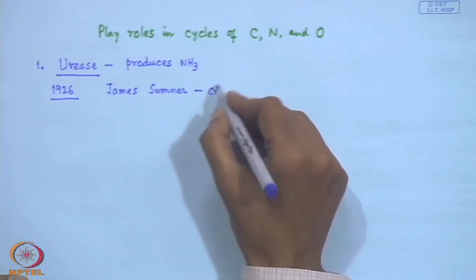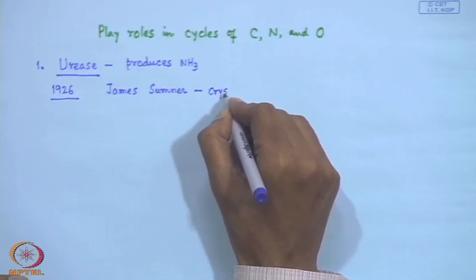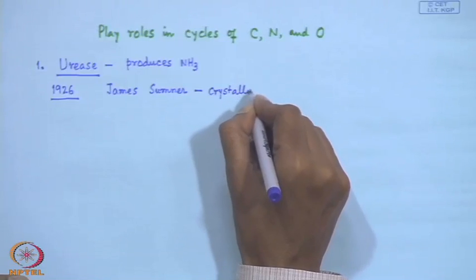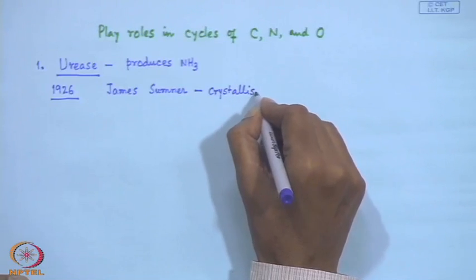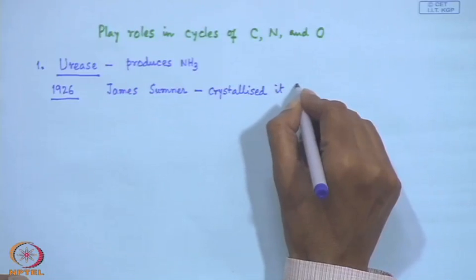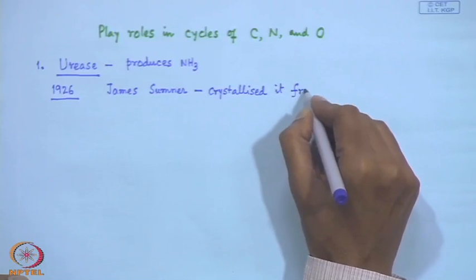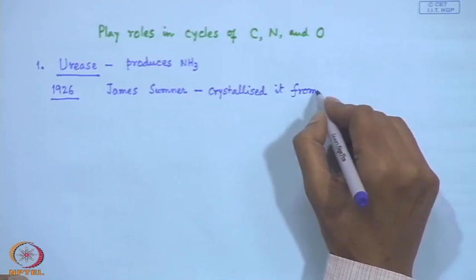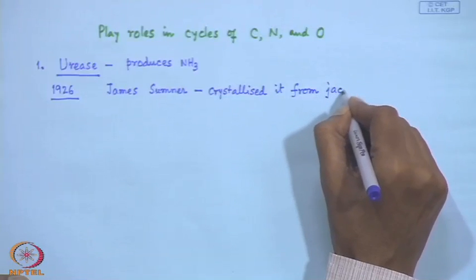So, crystallization was very important. He crystallized it from jack bean.